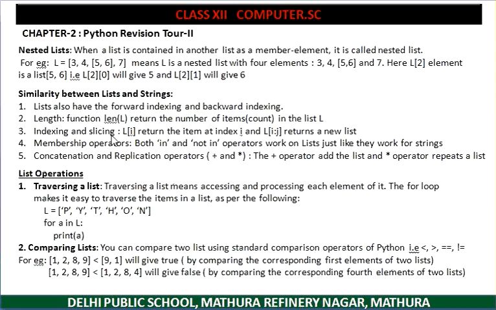Third, indexing and slicing. Indexing returns the item at a particular index, and slicing extracts a sublist. Fourth, membership operators in and not in will check whether a particular item exists in the list or not. So in and not in operators work on lists just as they work on strings.